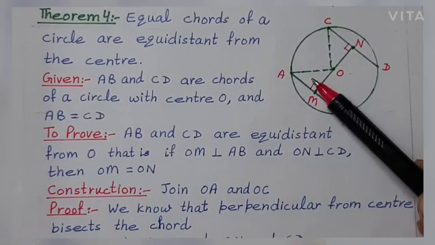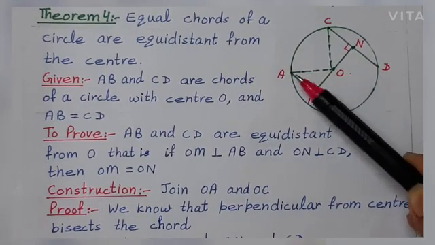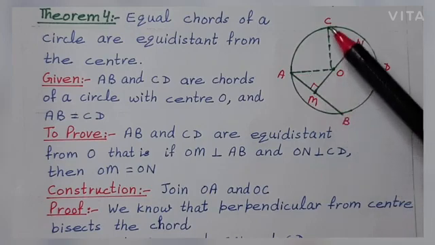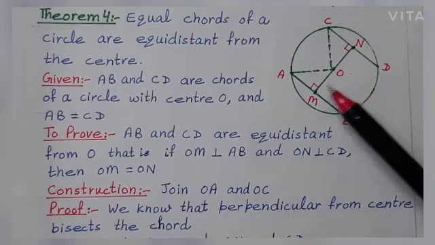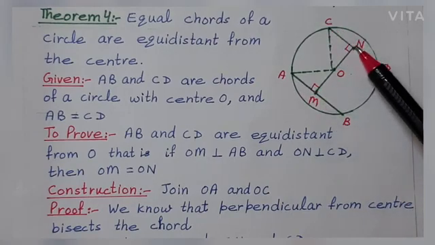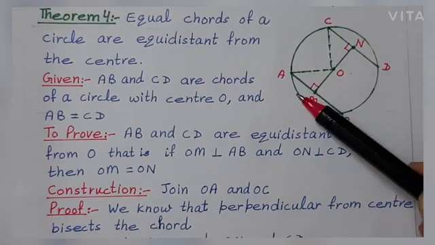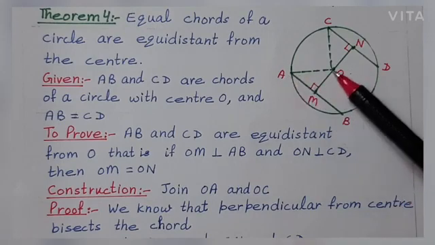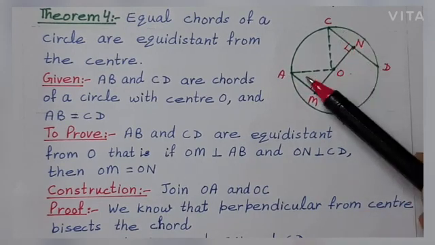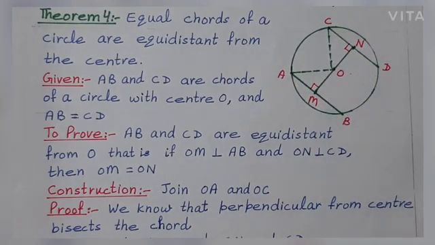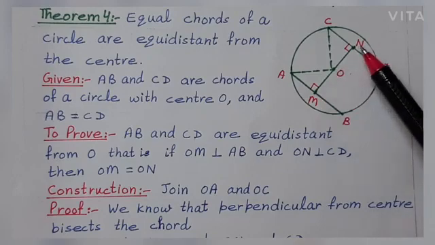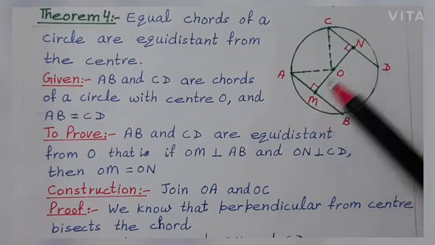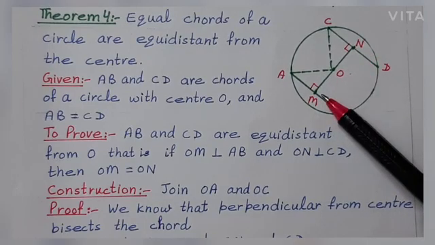Now, let us prove that the two triangles are congruent, that is, triangle OAM and OCN. Now students, AM equal to CN, we have proved just now. AO equal to OC, both are radii. And the third condition is angle M and angle N, both are 90 degrees each.